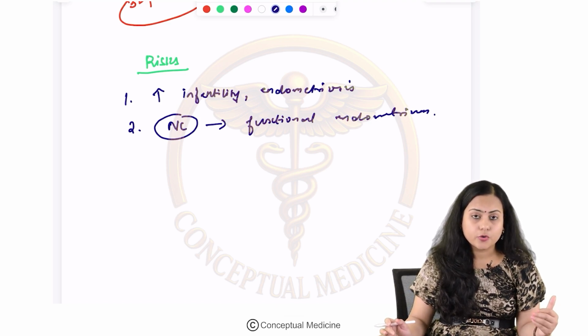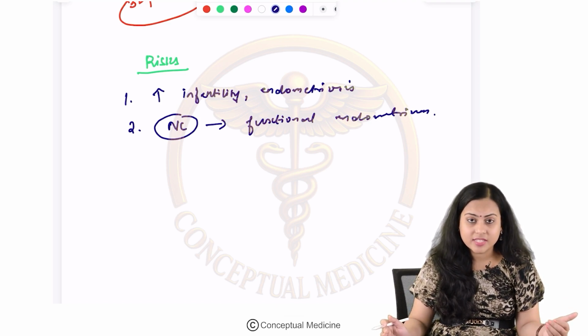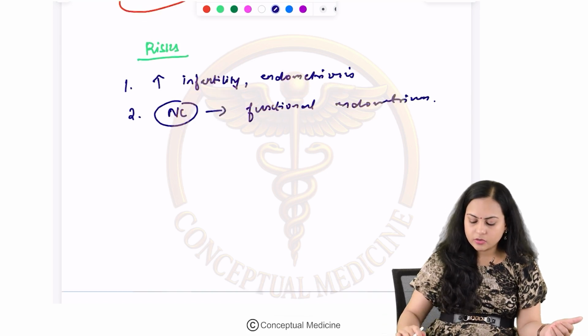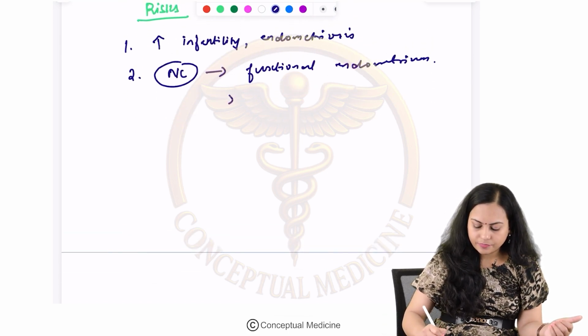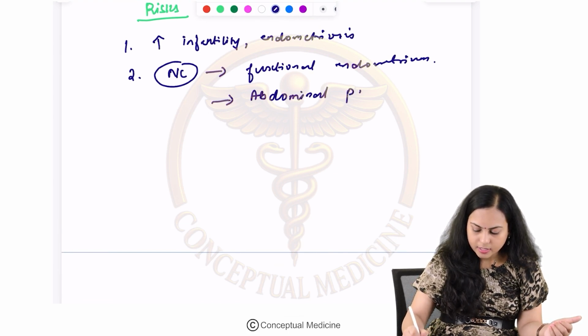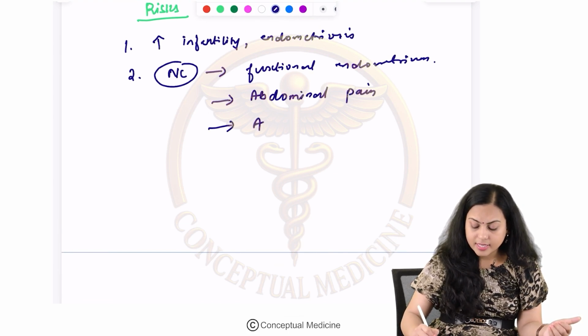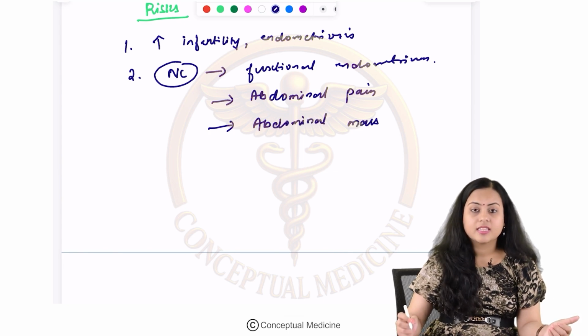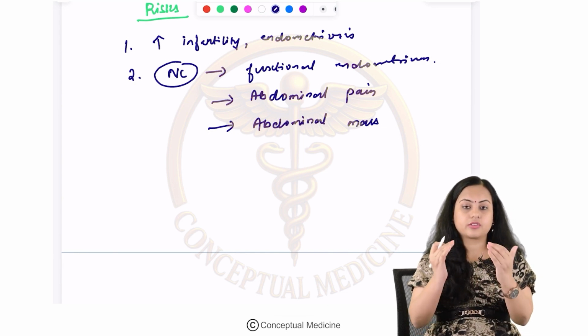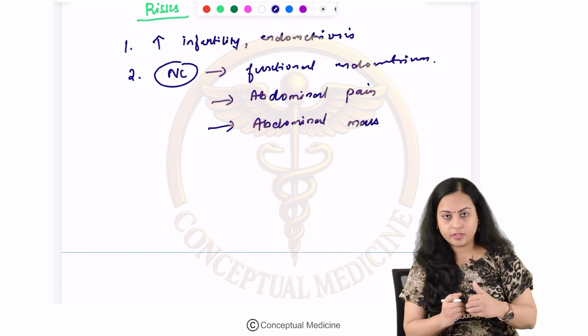It is going to have the regular menstrual cycle. So she will be presenting with abdominal pain and abdominal mass as well, because since it is a non-communicating horn, the blood that is collected is not going to be let out, right?